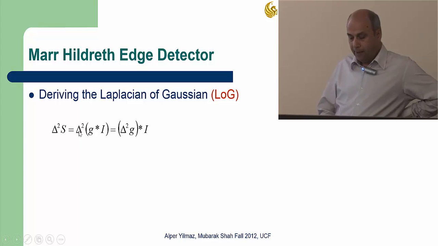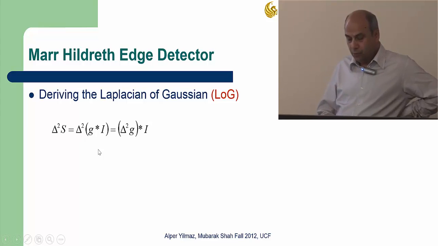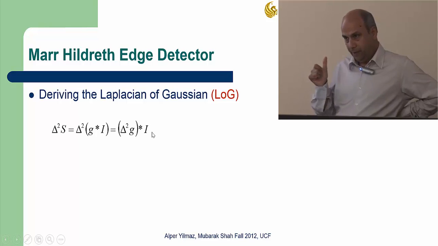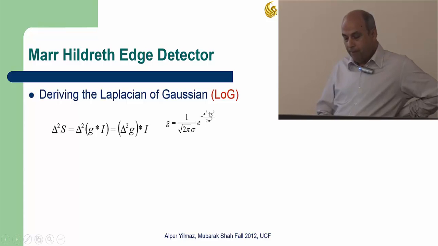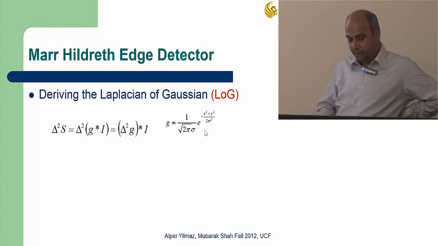As we said, these operations are associative, so we can find the Laplacian of Gaussian first, then apply it to the image. These are equivalent, and this will be easier because we already know the Gaussian. We can differentiate with respect to x, then differentiate again with respect to x, then differentiate with respect to y, differentiate again with respect to y, add it up, and that becomes the Laplacian of Gaussian.